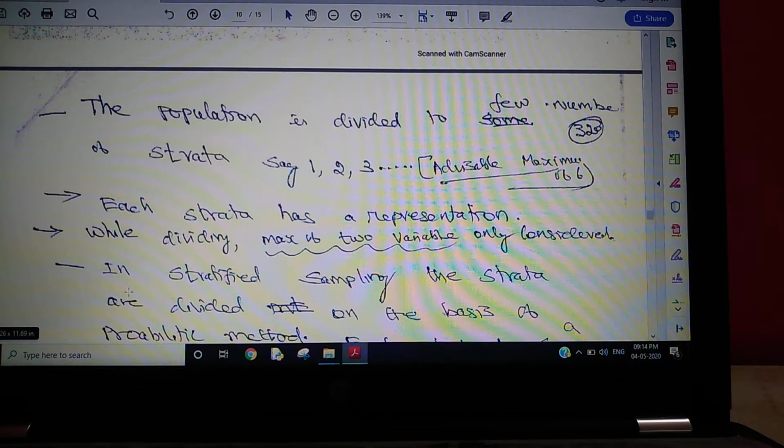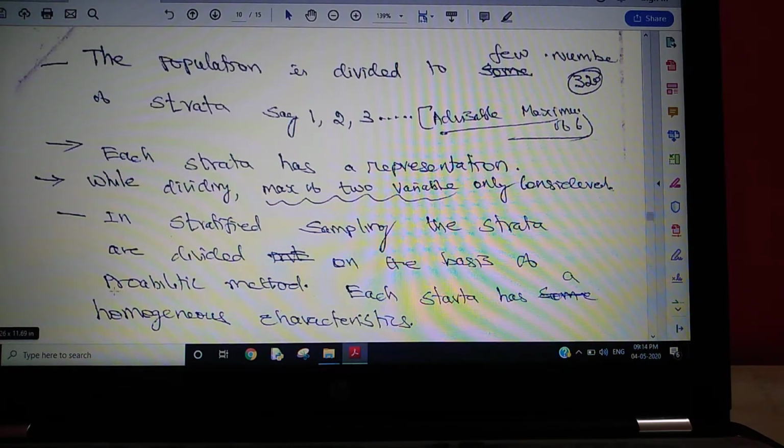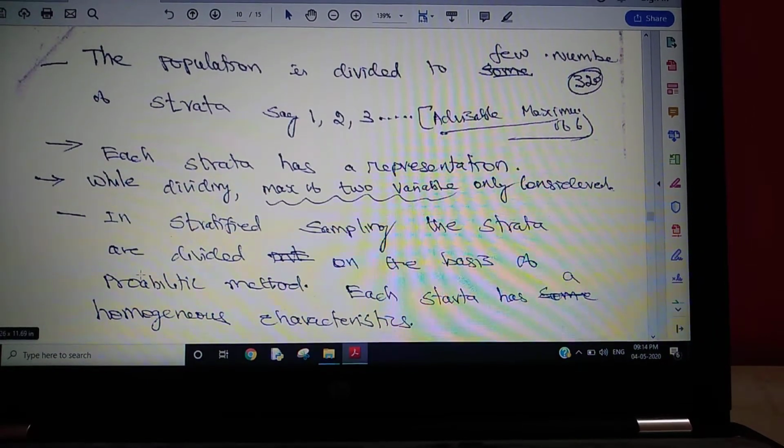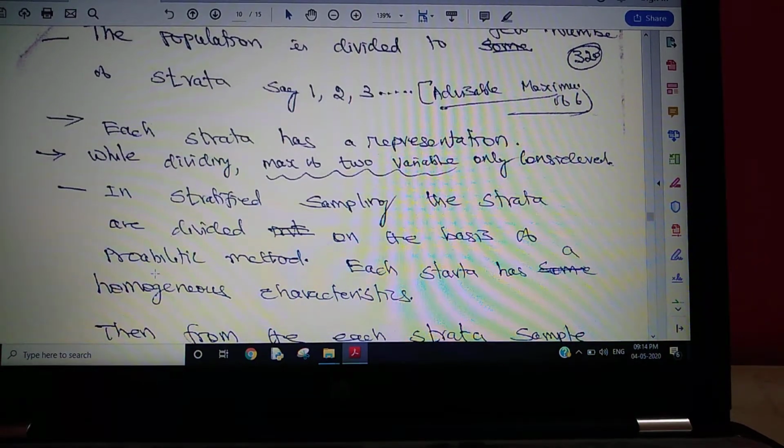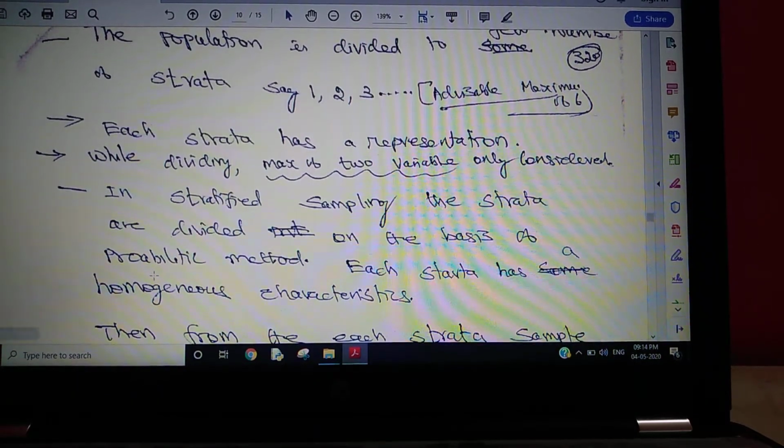So how many strata? A maximum of 6. In order to design the strata, you may take two variables, age and income, or occupation and income. Based on these two variables, we can divide the whole population into different strata.